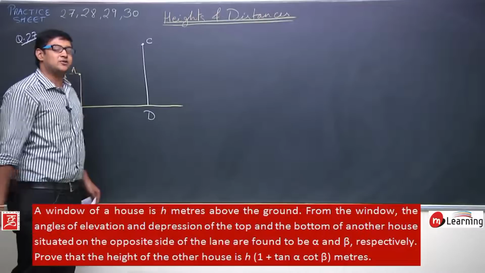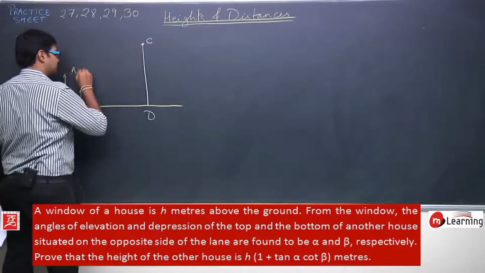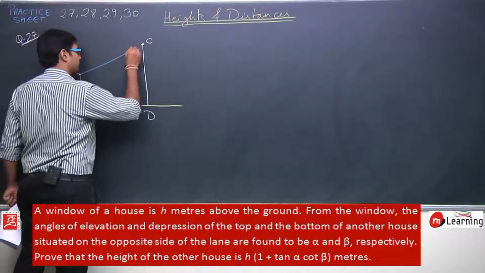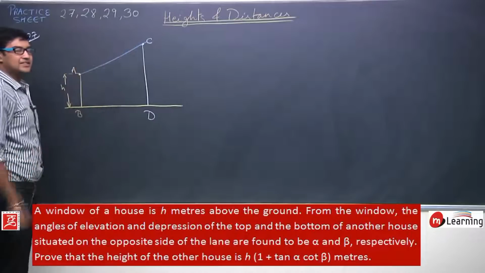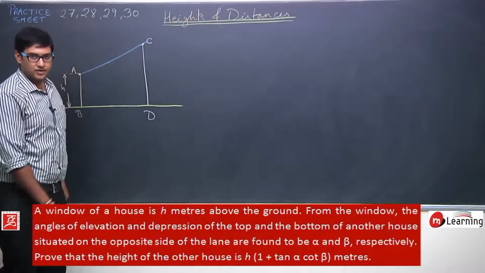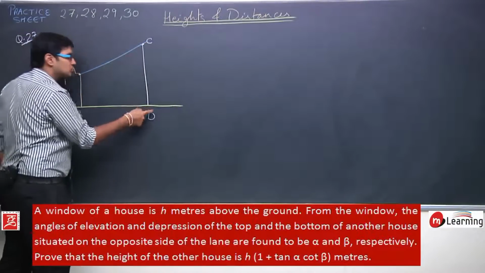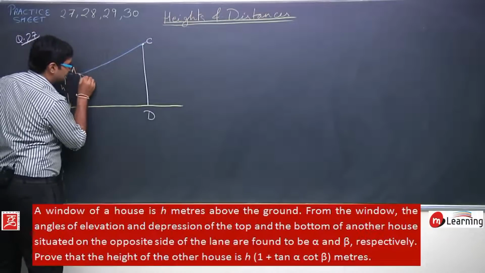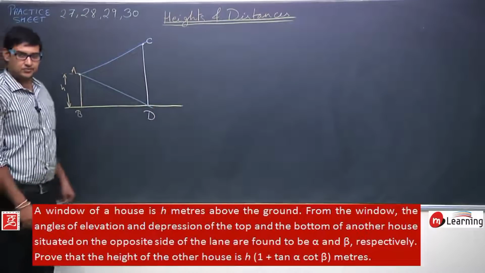So what will be my line of sight? The line of sight to observe the top of this house is this one. This AC represents the line of sight to observe the top of this building. And this is the bottom of the house, so to observe the bottom, this AD represents the line of sight.